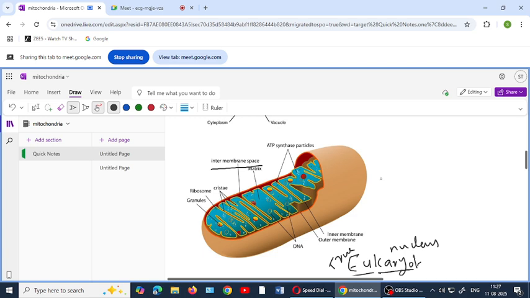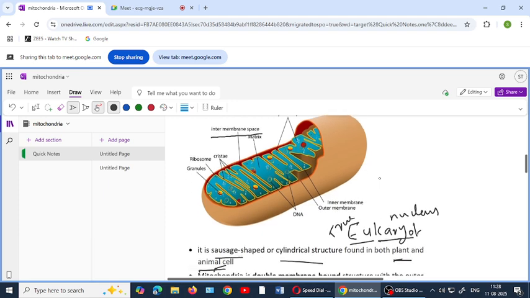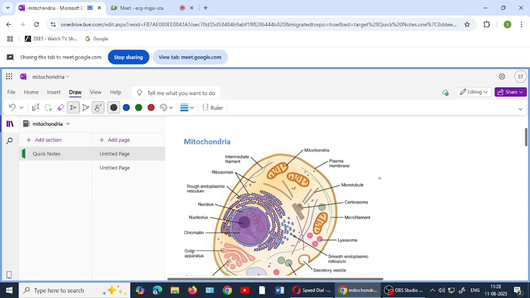The main function of mitochondria is oxidative decarboxylation. That means the production of ATP, and that's why it is called the powerhouse of cell. The 90% of cell energy is provided by whom? Mitochondria. Okay, that is about mitochondria.